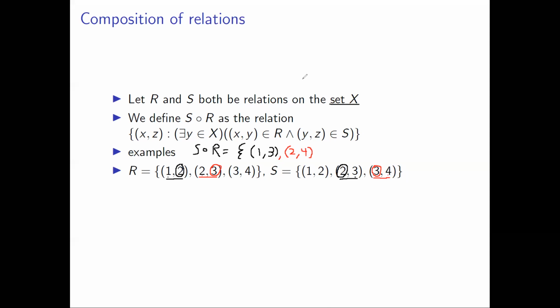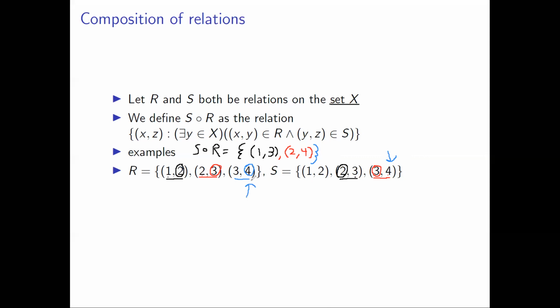We can also check the last ordered pair, the 3, 4. We circle the 4. And we see that nothing over here starts with the 4. So we can't make any more elements of the composition. So over here, we do have something which ends with the 4, but we need something which starts with the 4 to go with this 4.